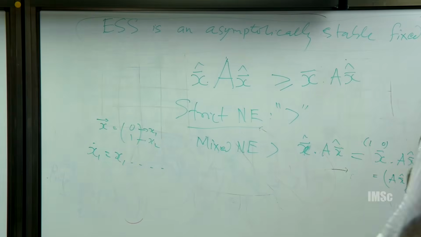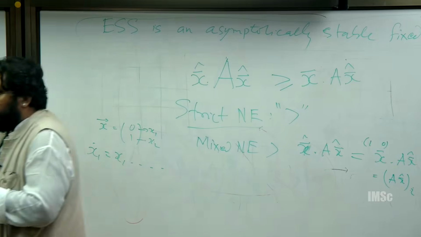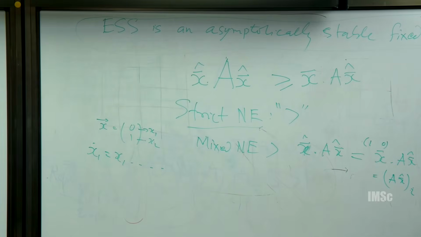This makes the replicator equation a formidable model, because it matches with your intuition and your desiderata that you want ESS to be something where the population goes at the end of the day.